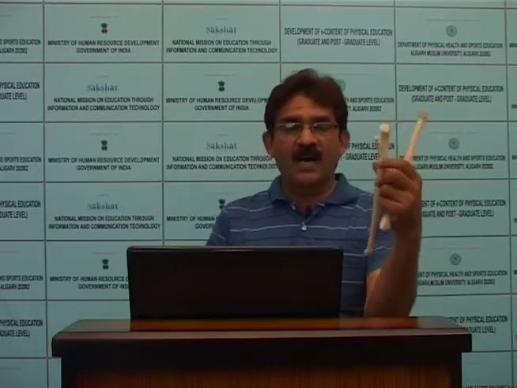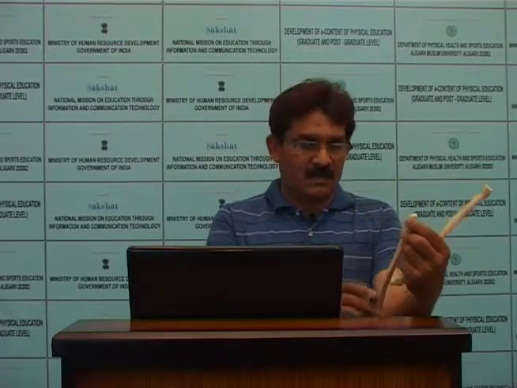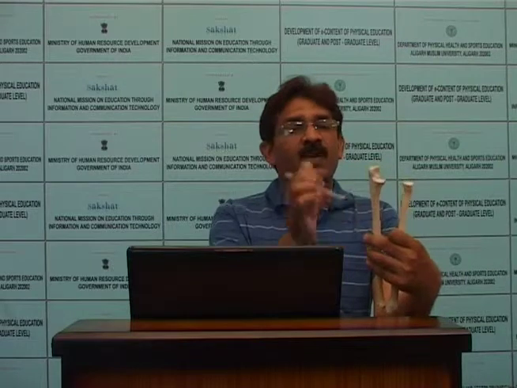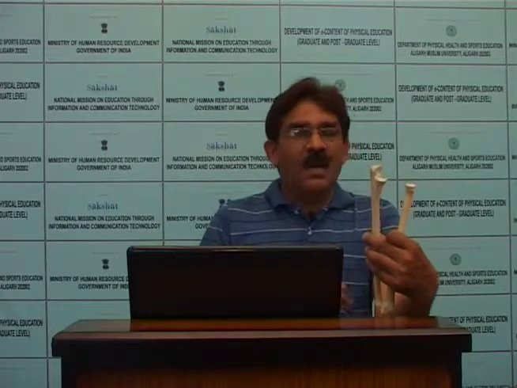and with the ulna it makes the forearm. Upper end of the ulna: olecranon process, coronoid process, trochlear notch, radial notch, ulnar tuberosity.